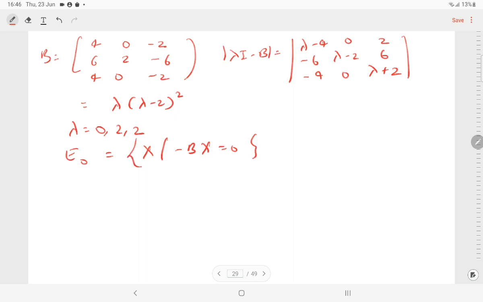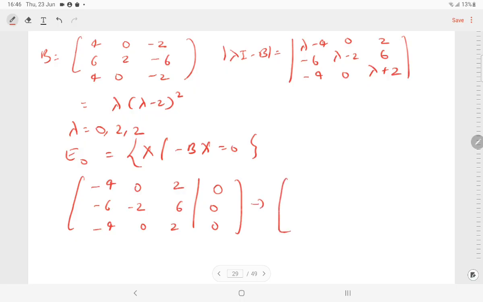Yes, so I have matrix B. So minus B matrix is [minus 4, 0, 2; minus 6, minus 2, 6; minus 4, 0, 2] and the right side is [0, 0, 0]. For this homogeneous system of equations, I must compute its RREF or REF. That gives me 1, 0, minus half. Please do verify by yourself.